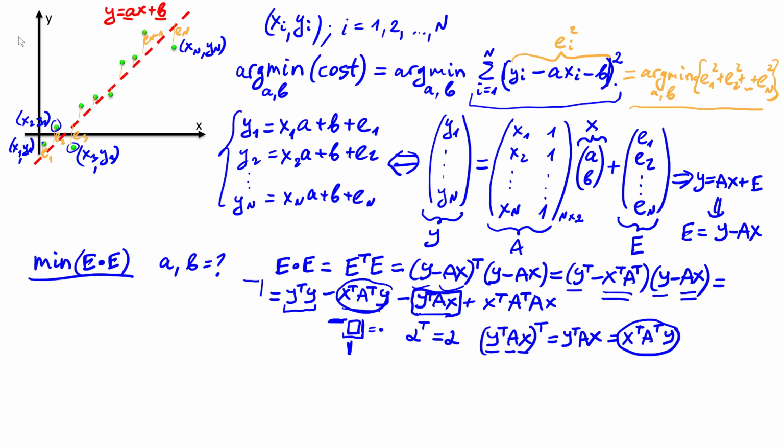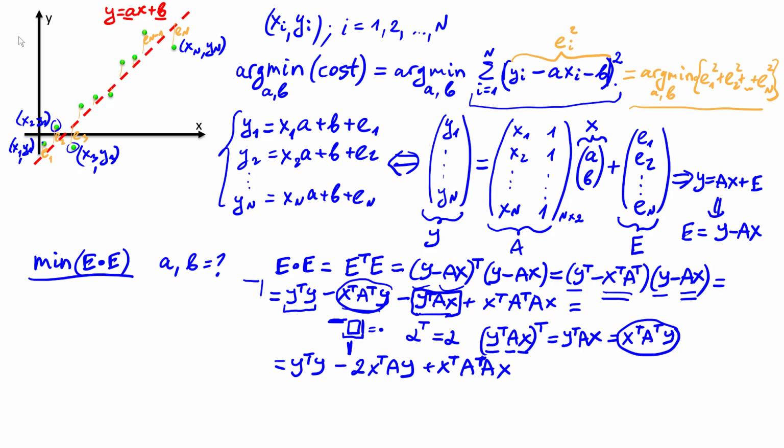So technically you can simplify that expression and write the following thing. You write y transpose y minus twice x transpose A y plus x transpose A transpose A x.